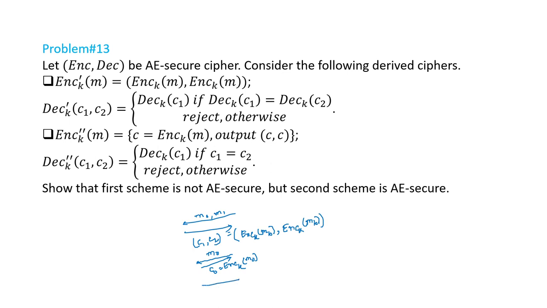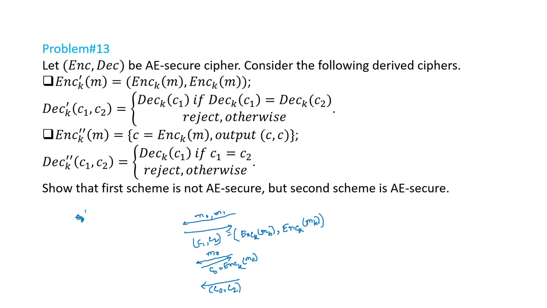Now query the decryption oracle with C0 comma this C2, right? The next part. Now there can be two cases. One case is that C0 is indeed an encryption of M0, right?